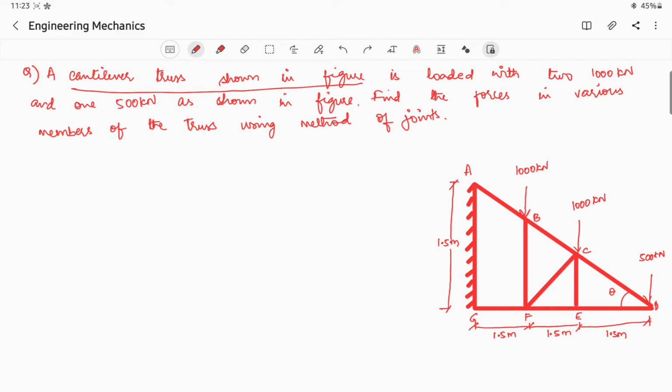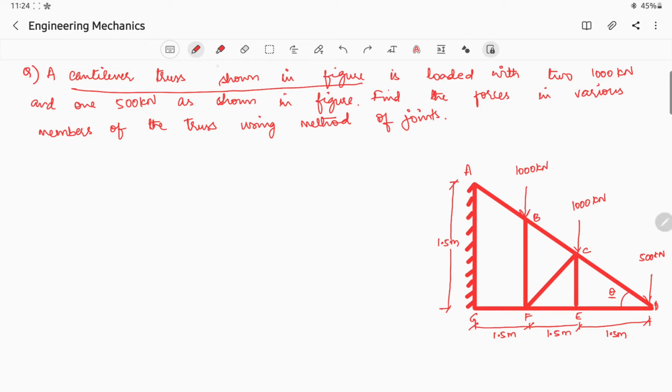Before calculating the forces in each member, the question has given us this theta. It has also mentioned that this angle is 90 degrees, or rather that these two lines are perpendicular to each other, which is mentioned in the diagram itself.